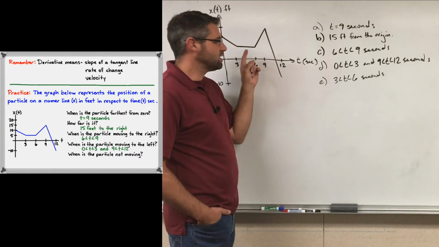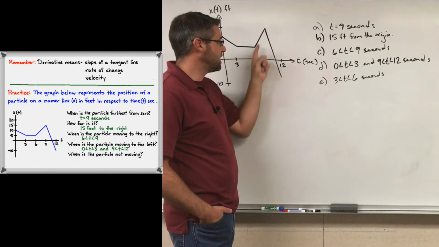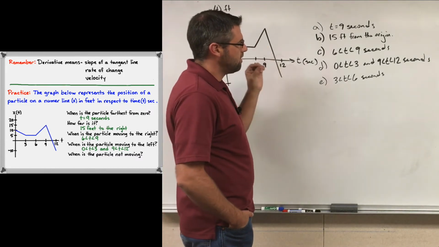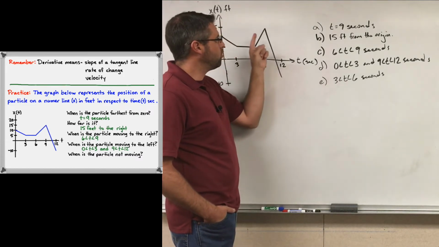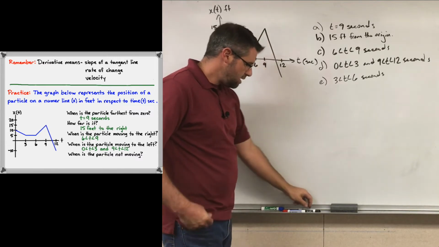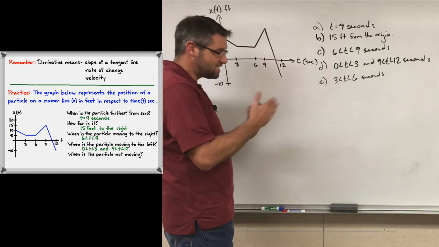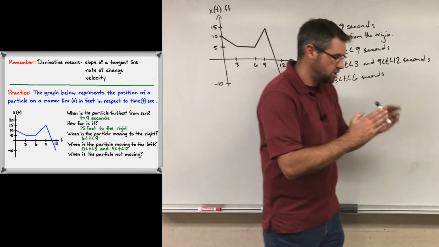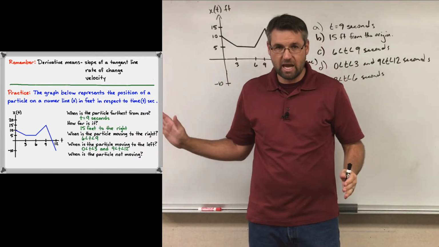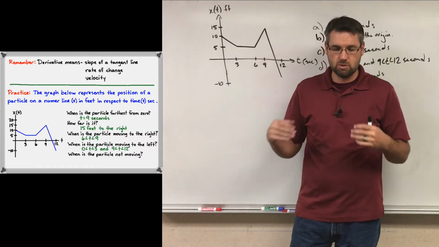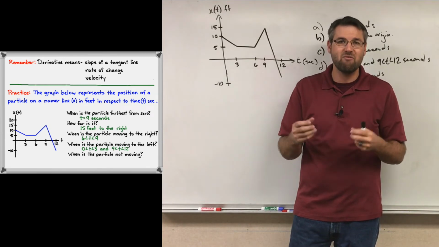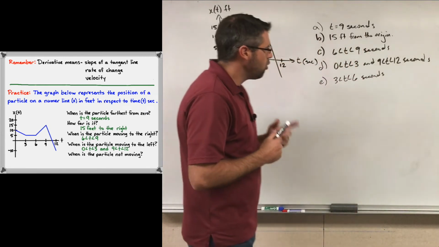This function is technically not differentiable at t equals 9 because it's a corner. We wouldn't say that the particle stopped at that point, because it instantly changed direction. So it was moving in this direction, and then boom, now it's moving in that direction. There was no stopping, no slowing down, no moment of pause or anything like that.